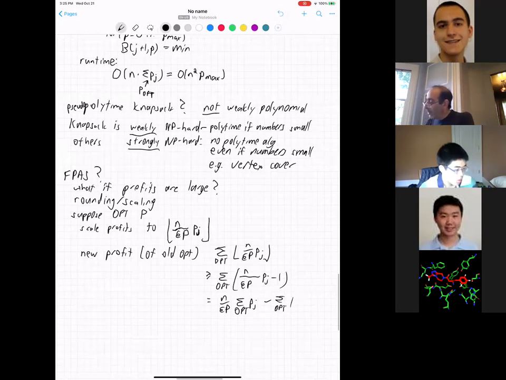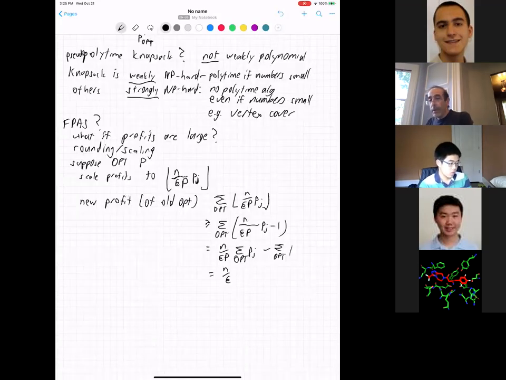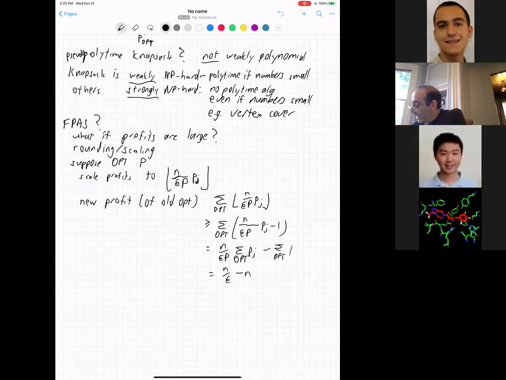The p in the denominator cancels the sum of pj's. What about the second term? Can we say that it's at most n? Exactly. So we have something that is at least n over epsilon minus n. And this is why I introduced this epsilon: the subtraction of n is not a big deal.